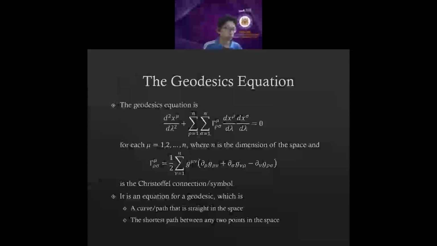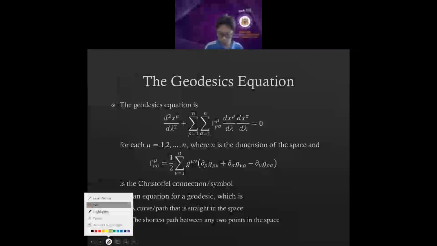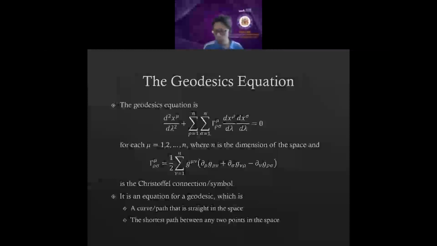But I must also say that both of these definitions do not necessarily imply each other. Actually, if you go deeper, they do not actually imply each other. So let me just make a note over here, although I'm not going to comment much.